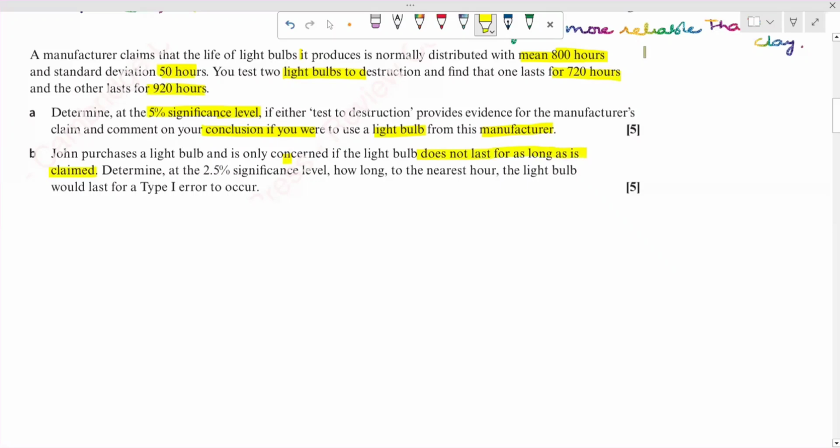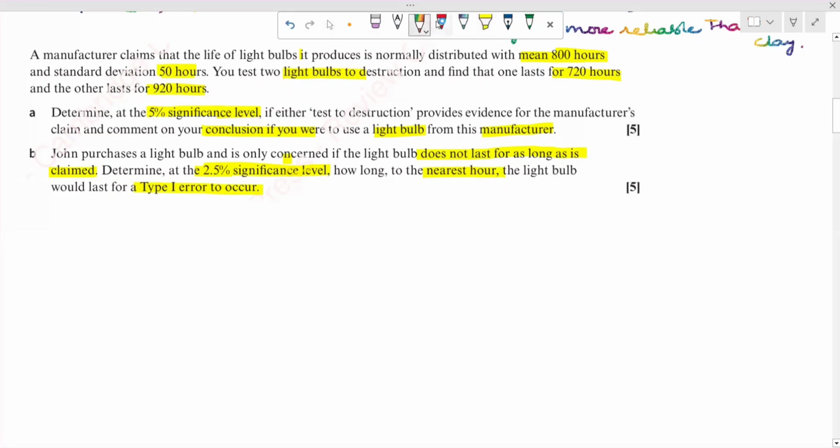Determine at the 2.5% significance level, here alpha is given as 2.5 percent, how long, to the nearest hour, the light bulb must last for, and the type 1 error. What is the meaning of type 1 error? It is when H naught is true but the true statement is rejected. Now see here.